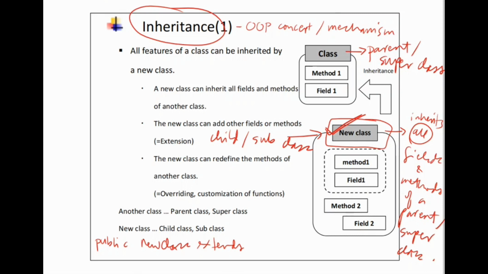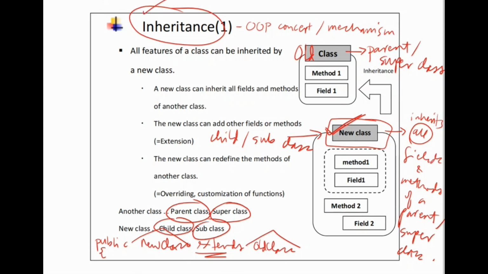We use the keyword extends to employ inheritance, followed by the parent class or the superclass, which is the old class. So this new class is called the child class or the subclass, while this old class is called the parent class or the superclass.